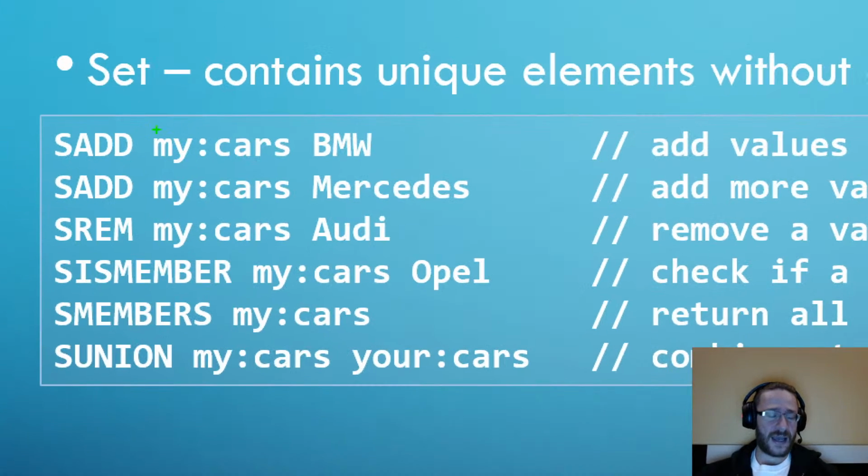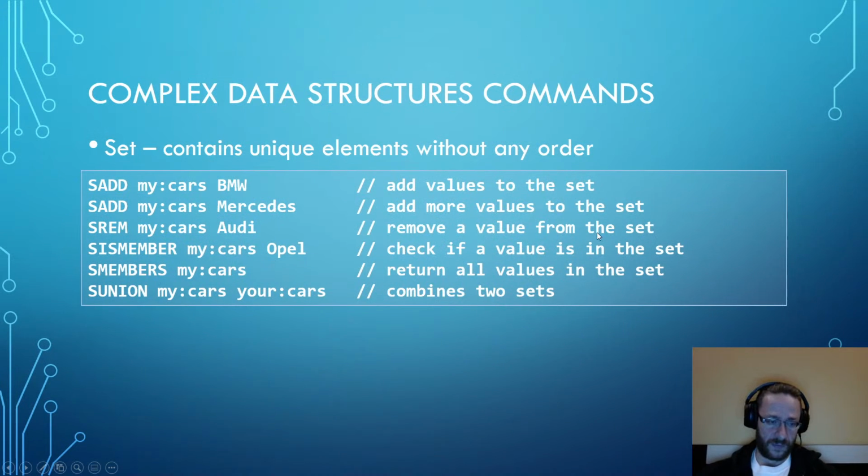Adding values to the set is with sadd, which means set add. srem means remove a value from the set. sismember checks if a value is in the set. smembers will return all values in the set. There are more commands, for example, union, which will combine two sets for us.